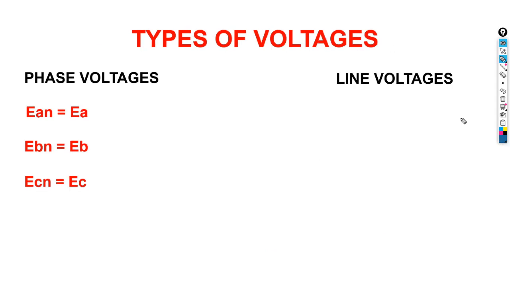When we talk about phase voltage, it means if we are coming from the supply, you have A, B, C, and the neutral.